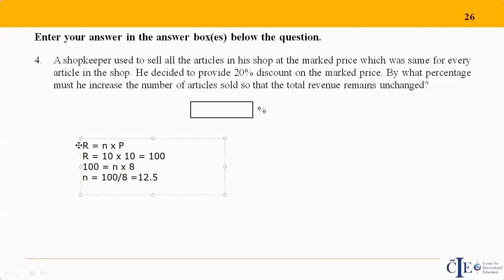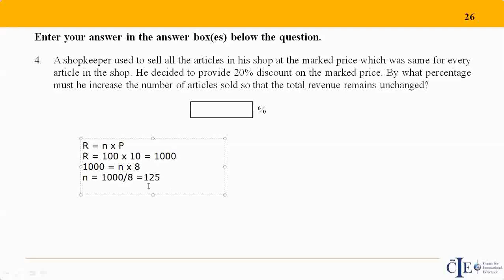Although it's a decimal, which is not practically feasible, you could have taken 100 articles, which would have given you 125 on 100. So taking 100 articles, a more convenient way, the revenue would be 1,000, and 1,000 on 8 should be 125.